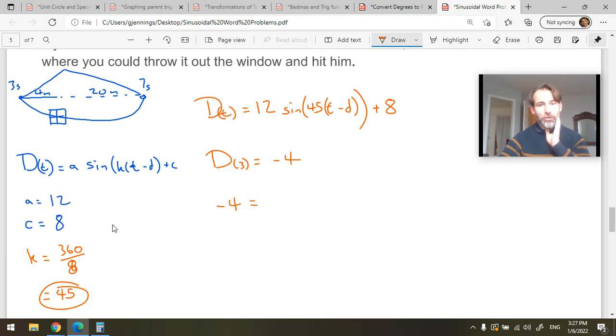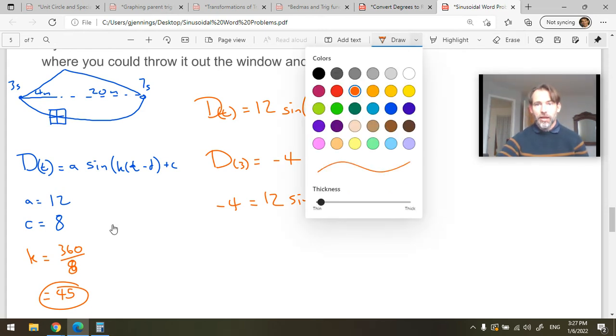-4 is equal to 12 times sine of 45 times (3 minus d), plus 8. Now I'm going to simplify.